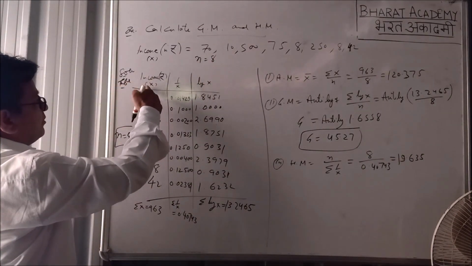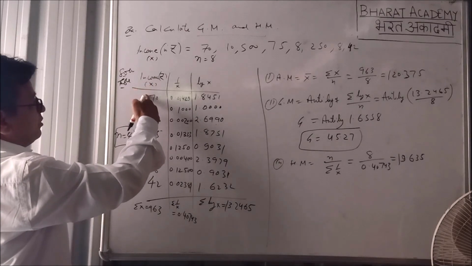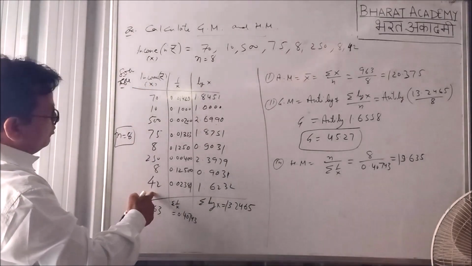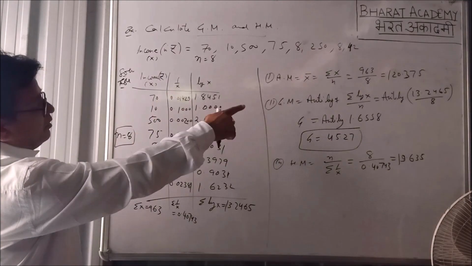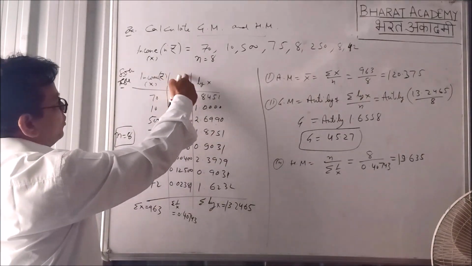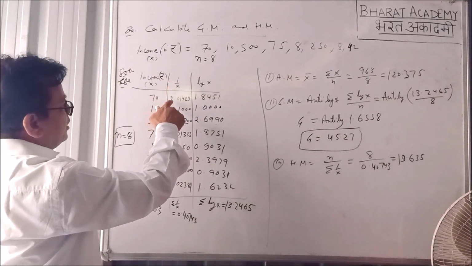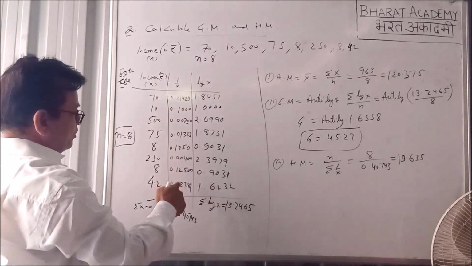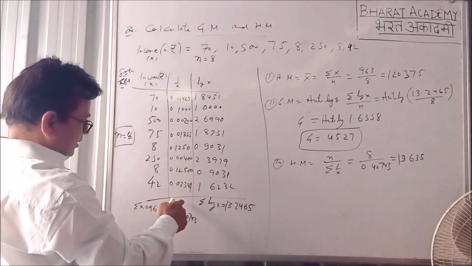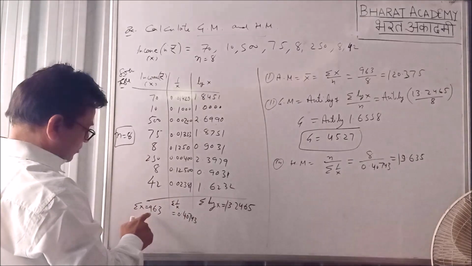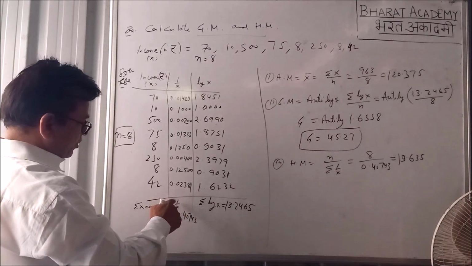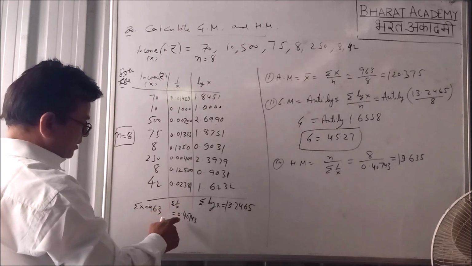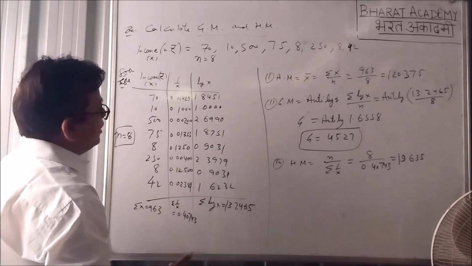This is income, I have taken it as x, all the values of x, 70, 10 up to 42. Now the reciprocal 1 upon x, 1 upon 70 is 0.01429. Similarly, we can calculate all the reciprocal values, and the summation of x is 963. Summation of all reciprocal values, summation 1 upon x, is 0.4074.